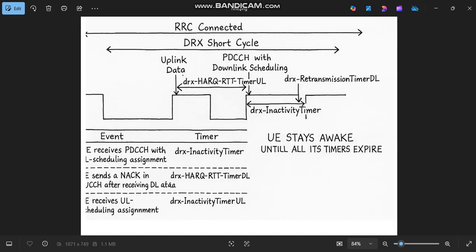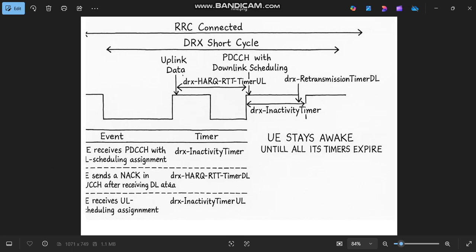Sorry for the inconvenience, this is an up arrow. So uplink data will go from UV to base station, and the same thing again. If we have an erroneous signal, we'll have a DRX HARQ RTT timer uplink, same period, and at the same time we can get the PDCCH with the downlink scheduling.